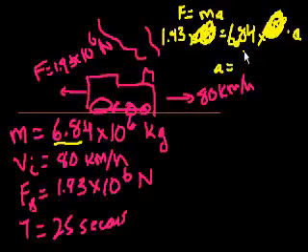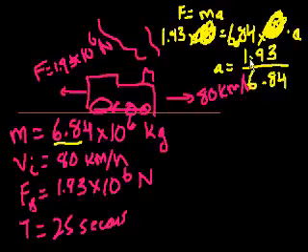Acceleration is equal to 1.93 divided by 6.84, and this is going to be given in meters per second squared. I want to make sure I got all of my units right, because the mass was in kilograms and the force was given in newtons, so the acceleration will be in meters per second squared. Let's get the handy calculator here.